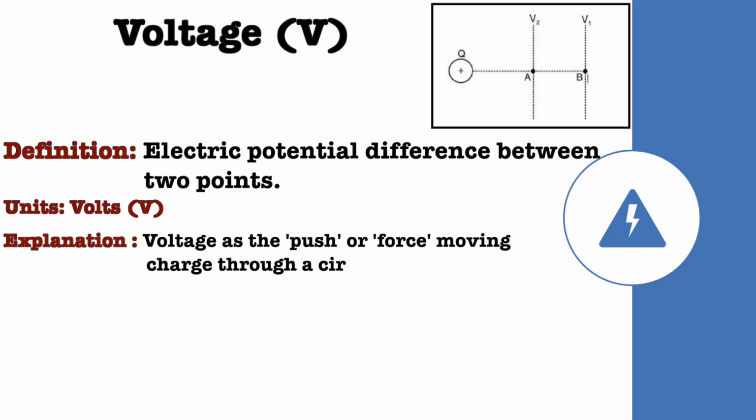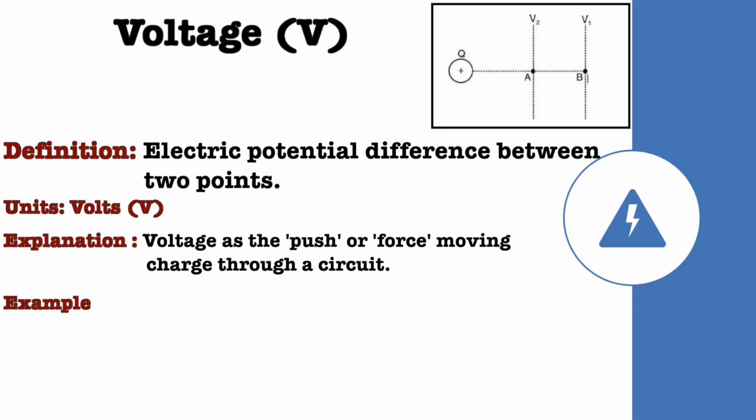Similarly, volt measures the amount of potential energy per unit charge. 1 volt is equivalent to 1 joule of energy per coulomb of charge. In the simplest terms, voltage is like the push or force that moves electric charge through a circuit. Higher voltage means more potential energy available to move charge.